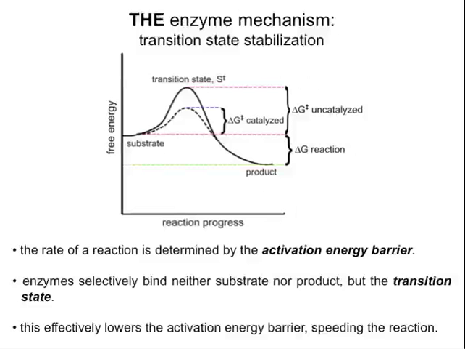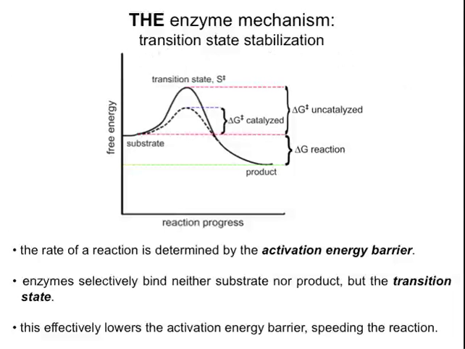So what are these enzyme mechanisms? And I told you that in this lecture we were really going to push off the details of enzyme mechanisms until a later lecture, but it's important at least to think about what enzymes are doing in general, maybe in vague, hand-wavy terms. And this does lead us into a discussion of kinetics. So I'll say the enzyme mechanism is transition state stabilization.